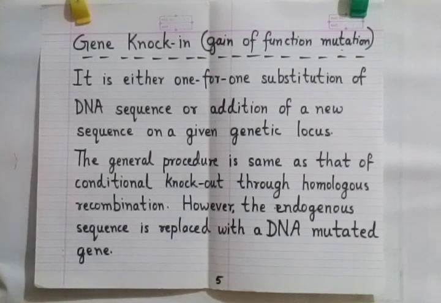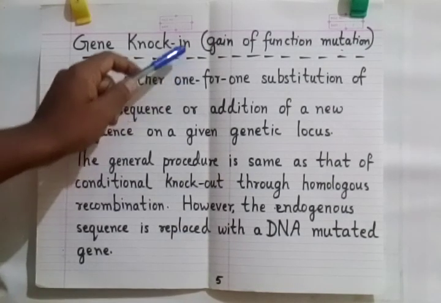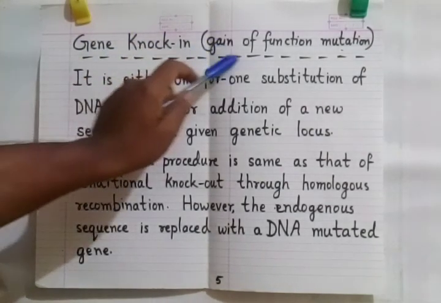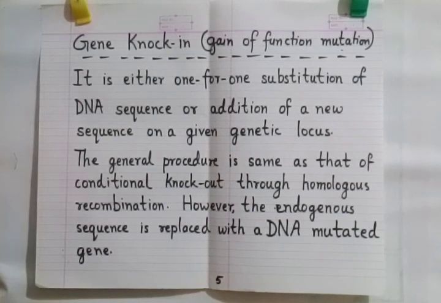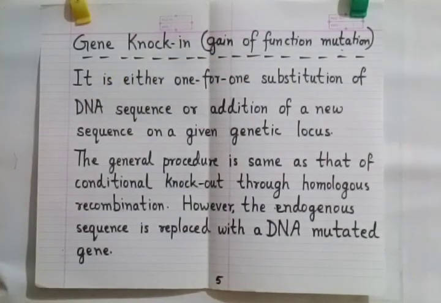This time we will not put the neomycin resistance gene. Okay. And our selectable marker will be the new gene which is inserted. So that is why when a new gene is inserted, we also call this gene knock-in process a gain of function mutation. Gene knockout was called a loss of function, whereas gene knock-in is called a gain of function mutation. Why? Because in this process, the organism will gain another gene, and that's why it will have an additional function after mutation.